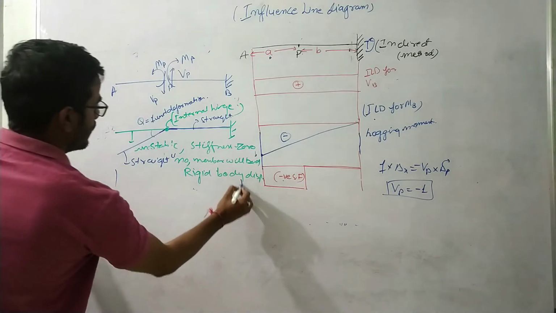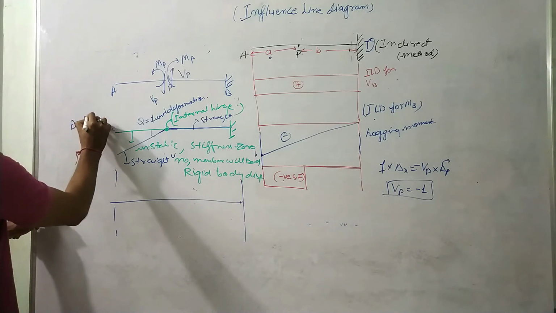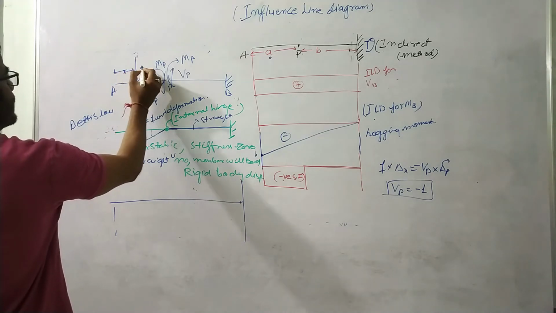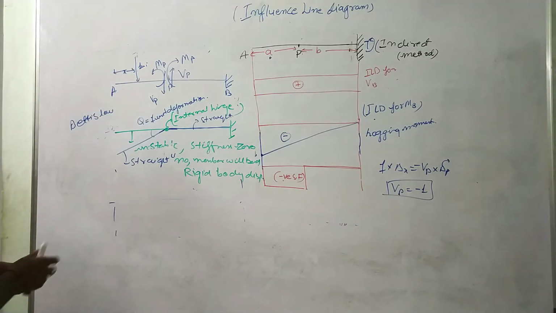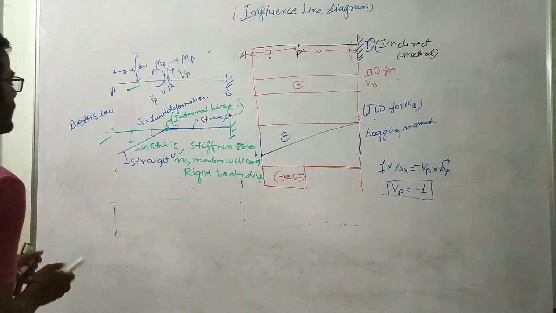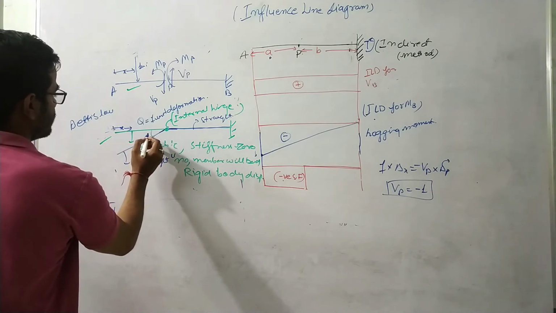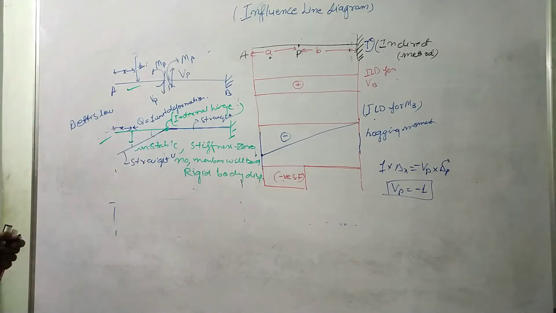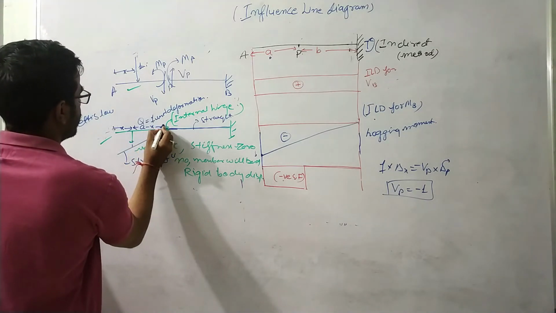Now if you apply Betti's law, let us suppose our unit load is acting at this portion at a distance x, 1 unit load. So if you apply Betti's law between this system and these two systems, this is at a distance of x, and this is minus x.